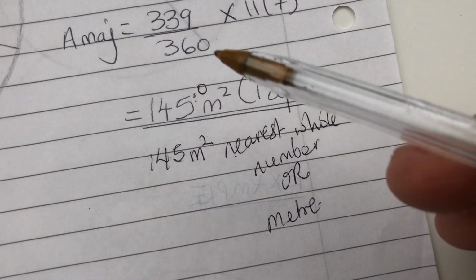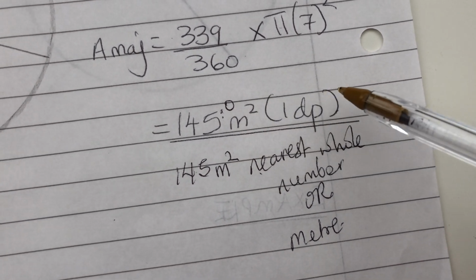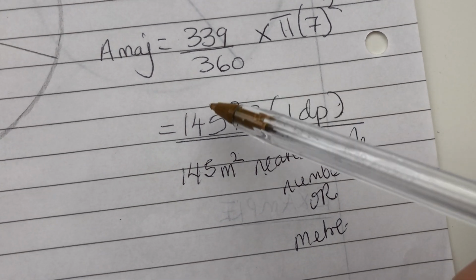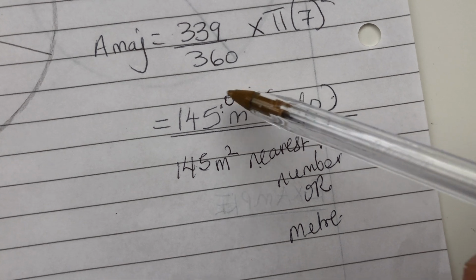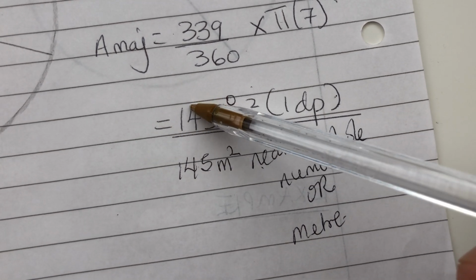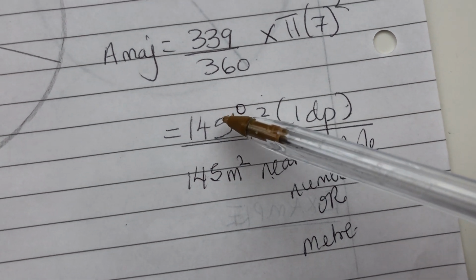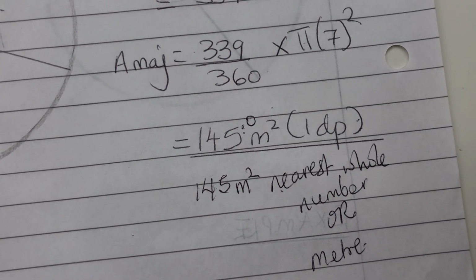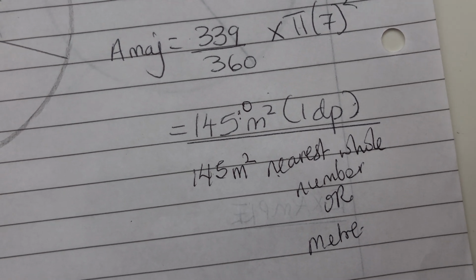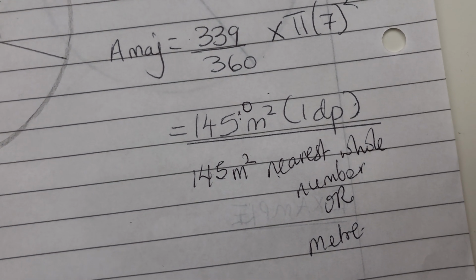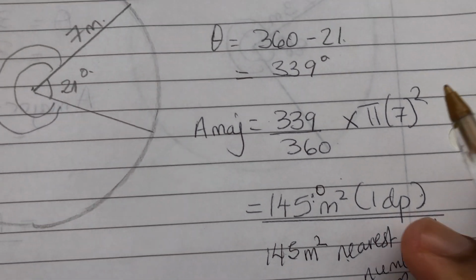So be mindful of this. If there's a one decimal place, then it's 145.0. The nearest whole number, 145, is also three significant figures. So they won't just say one thing, but read the question to the end.